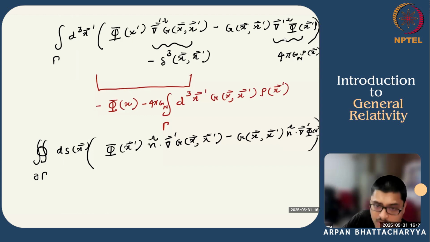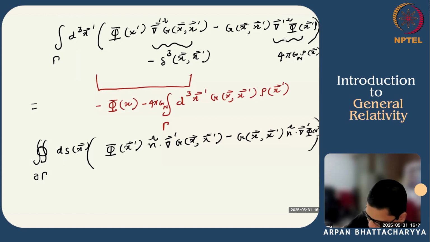So now, if we equate these two sides, we can rearrange some of these terms. We take some of these terms from the left hand side to the right hand side, and finally we get the following.